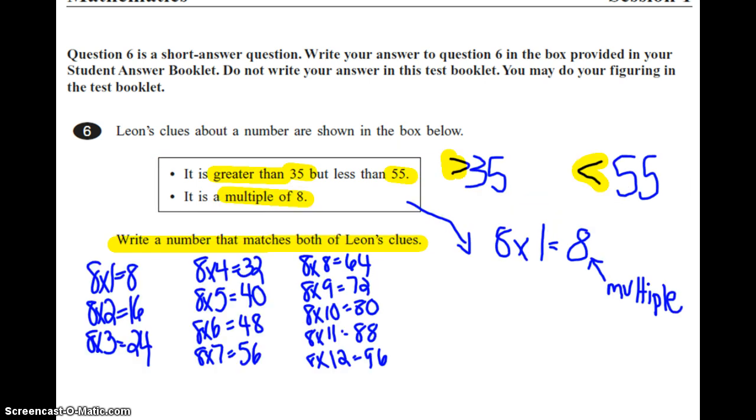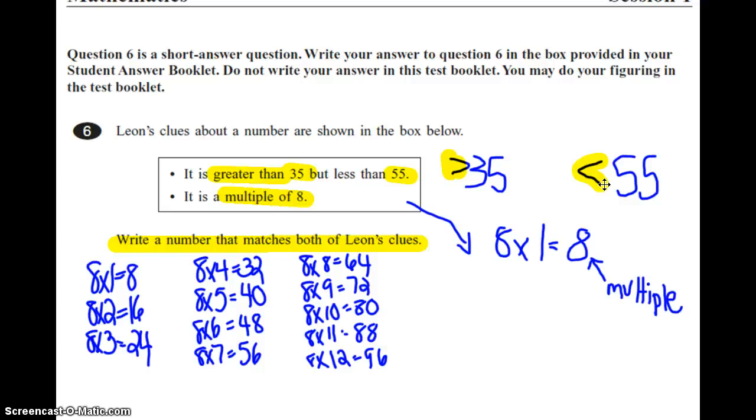So here's the strategy that I'm looking at. I first looked at greater than 35. So I wrote over here that greater than symbol that we may be used to seeing, 35. Also that it's less than 55. So this number that we're looking for falls somewhere between greater than 35, which would be 36, and less than 55, which would be 54.